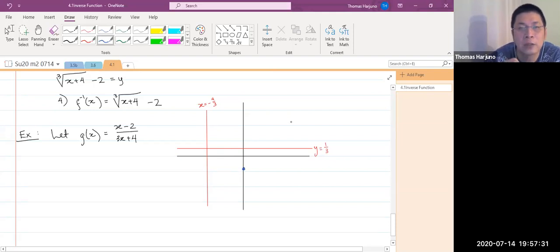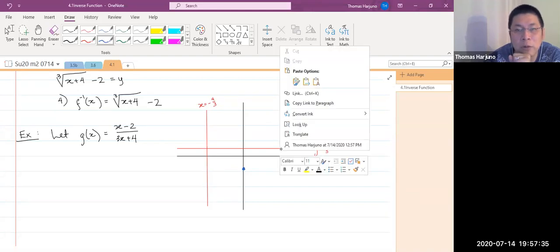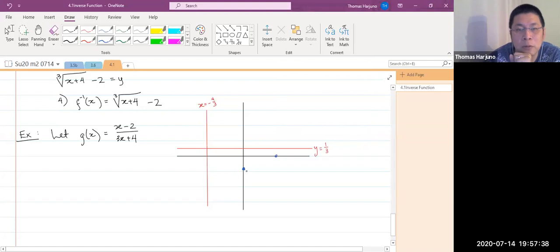And the x-intercept is x equals 2, that is (2, 0). This is negative 1/2 here, this is 2 here. And the graph will be approximately like this.